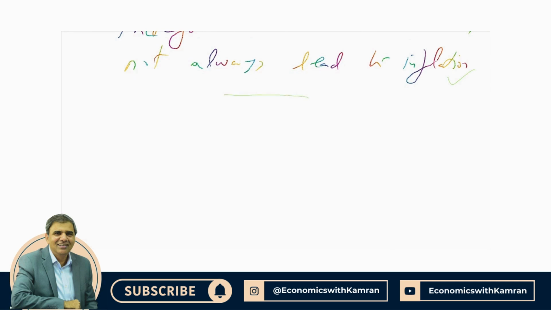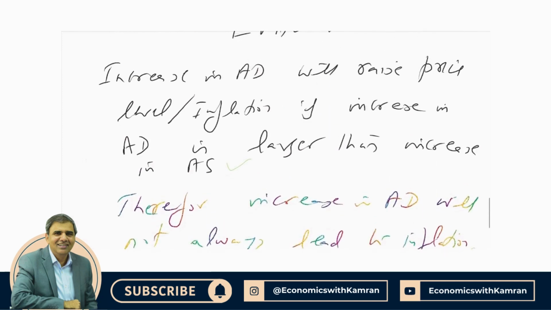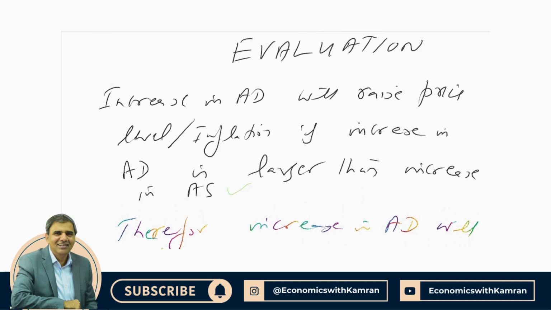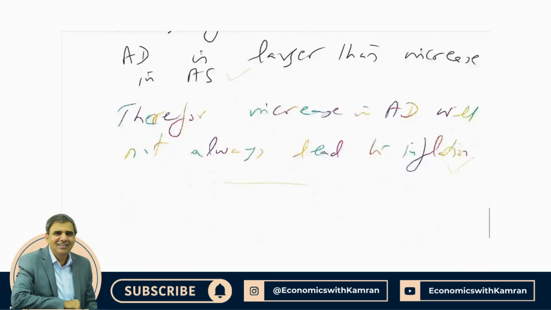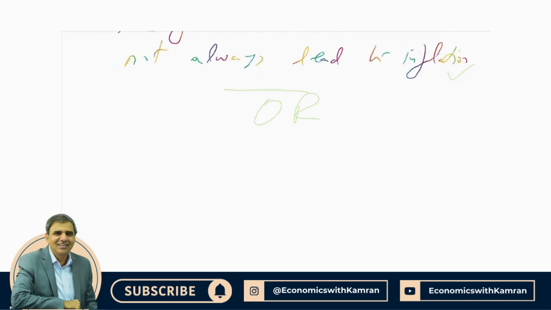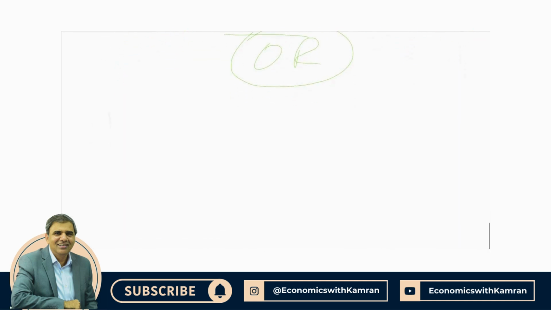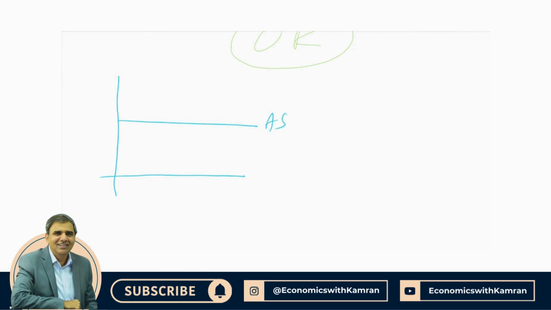There is an alternative approach you can use in evaluation, and that is that the impact of increase in AD on price level depends on available excess capacity. If excess capacity is available and AS is horizontal, in this case increase in AD will not lead to inflation.